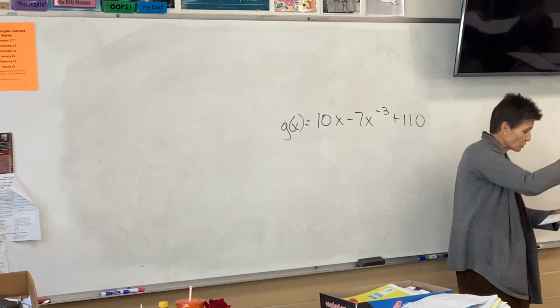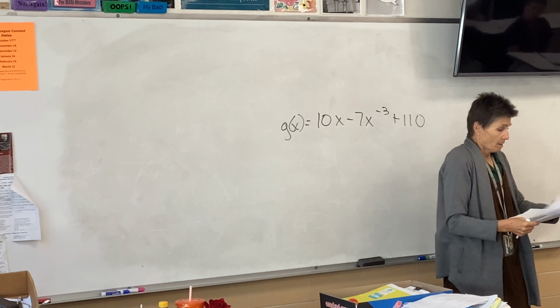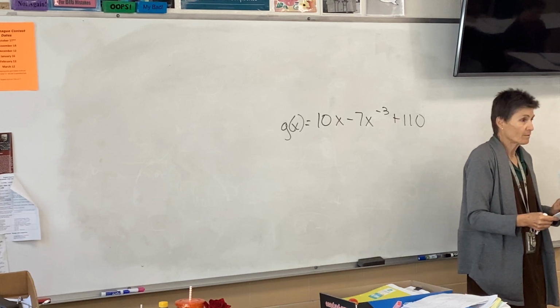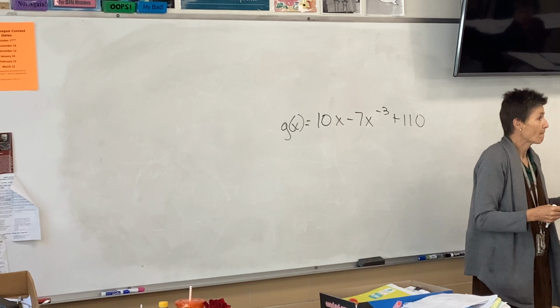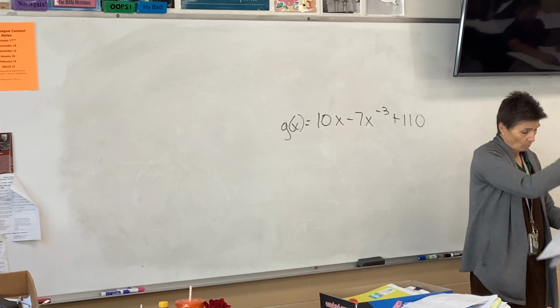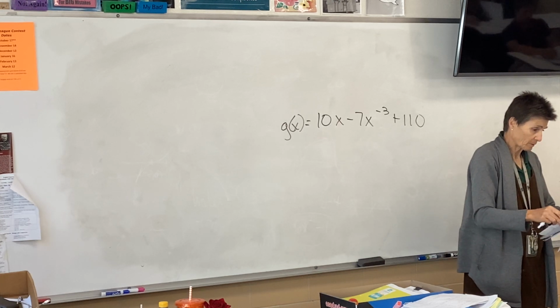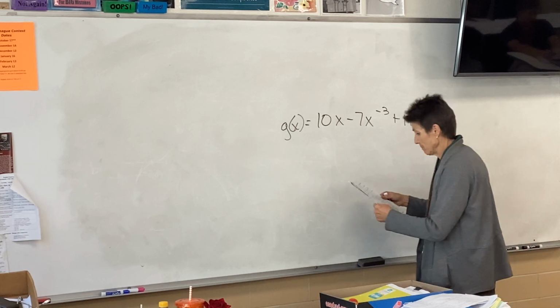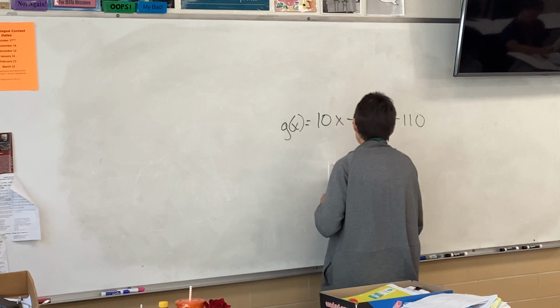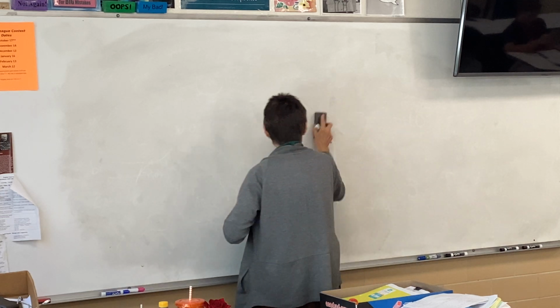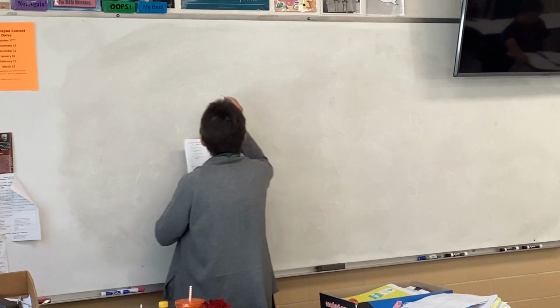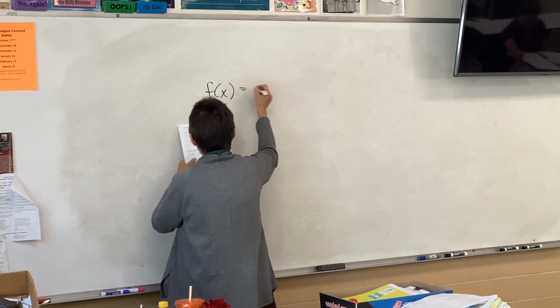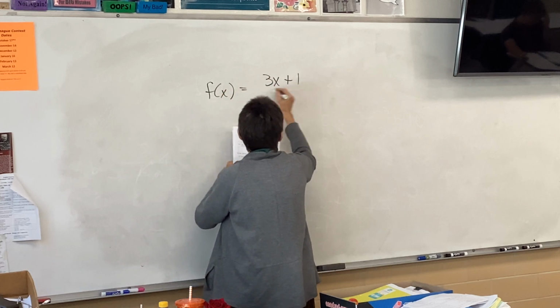Who has a question about something from one of the homeworks that I turned out? 1.6, number 5. Okay, well, this says use a calculator. So you are not at this point expected to be able to graph this.